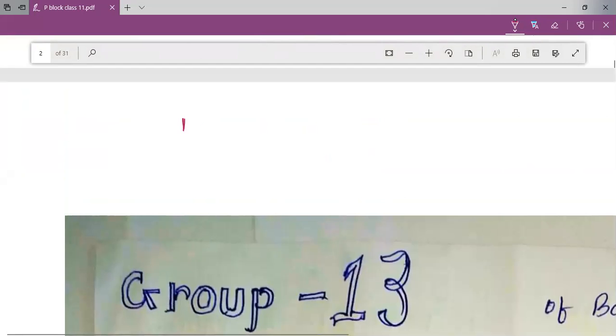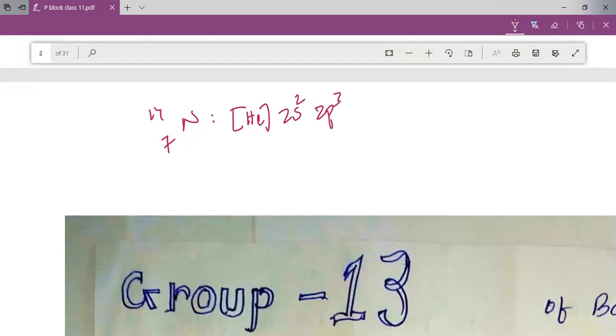Nitrogen, that is atomic number 7, the electronic configuration is helium 2s2 2p3. So you can see that one 2s and three 2p orbitals are only available for making 4 bonds: 1, 2, 3 and 4 bonds.